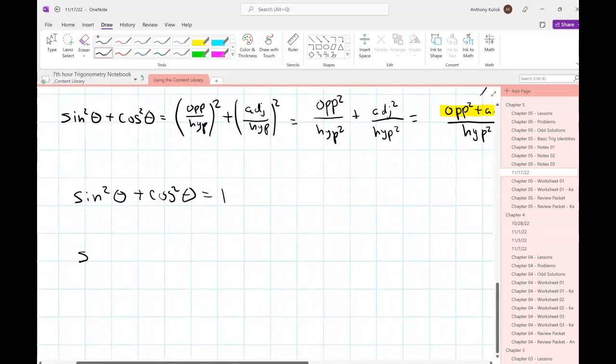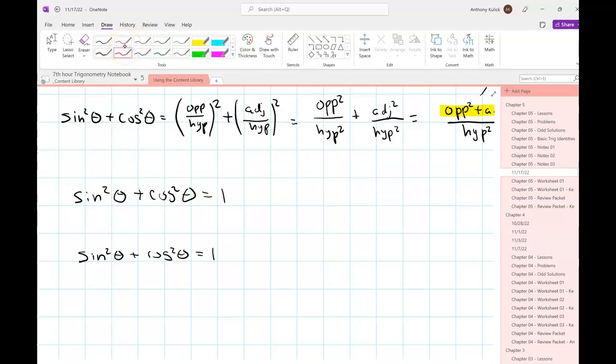So let's say we start with this sine squared theta plus cosine squared theta is equal to 1. We know that's true. And let's say we divide both sides by sine squared theta. When I divide the left-hand side by sine squared, I know division is distributive, so I can really just divide each term by sine squared theta.